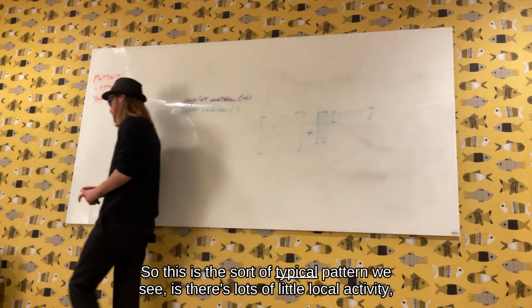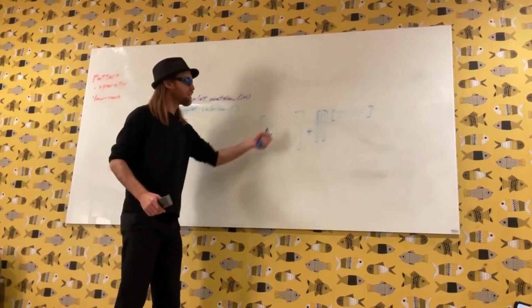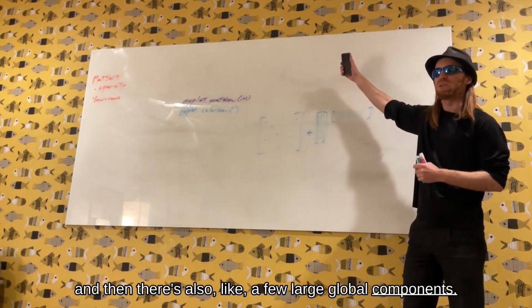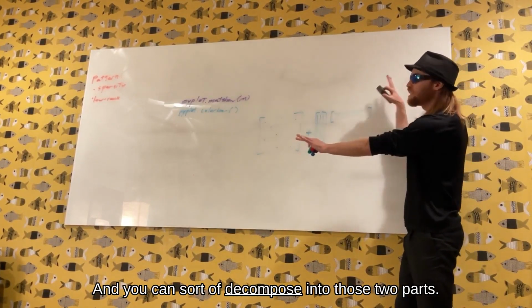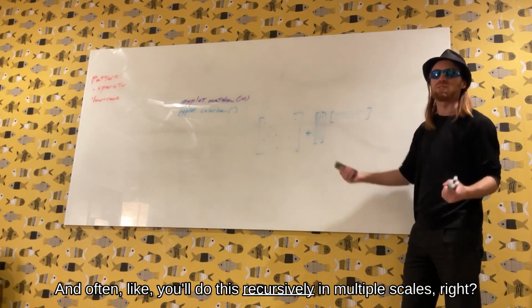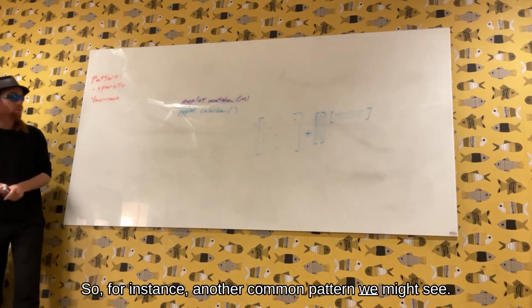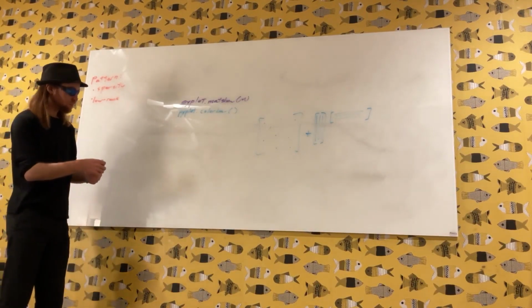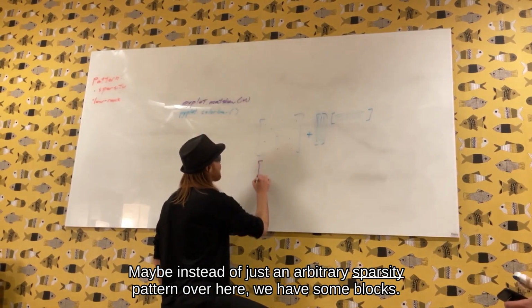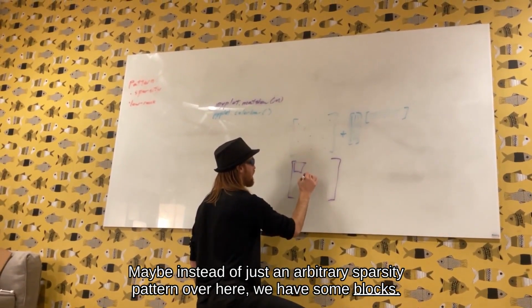So this is the typical pattern we see: lots of little local activity, and also a few large global components, and you can decompose into those two parts. Often you'll do this recursively at multiple scales. Another common pattern we might see is, instead of an arbitrary sparsity pattern, some blocks.